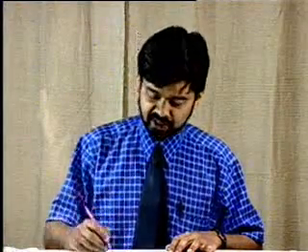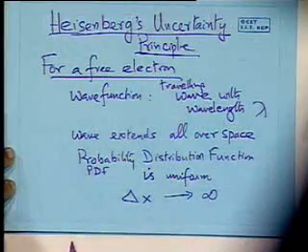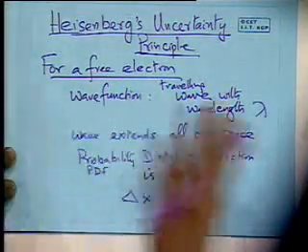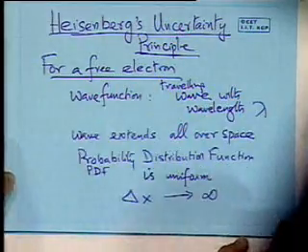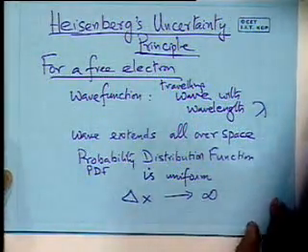Since there's roughly an equal probability of finding it everywhere, what can we say about the uncertainty in its position? Very high, we may put it as infinity. I can't pinpoint it, it's got a likely probability of being found almost anywhere. So we say that delta x tends to infinity there.